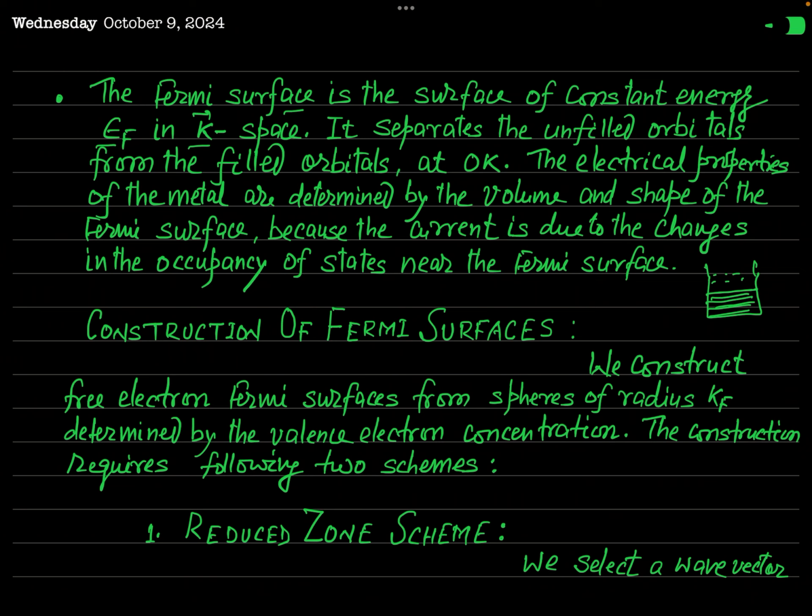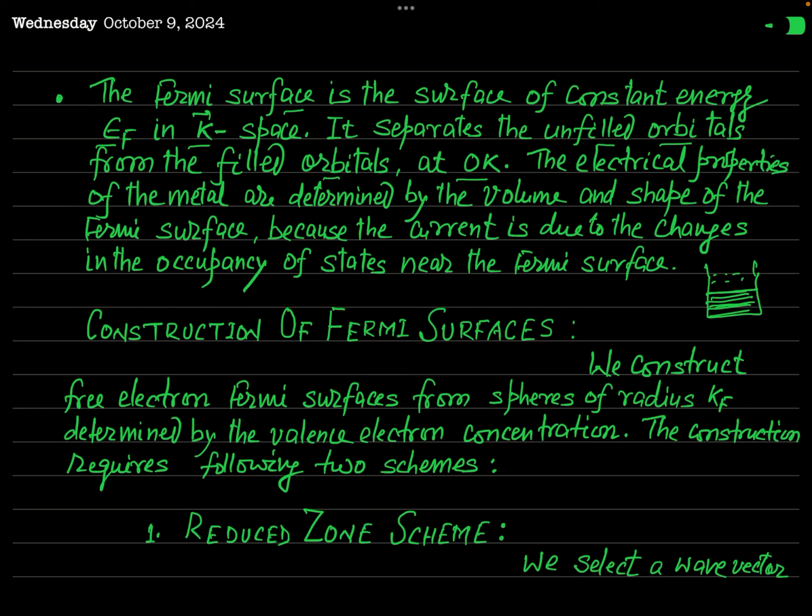Then, at 0 Kelvin temperature, a surface which separates the completely filled orbitals from the completely unfilled orbitals, or the completely filled energy levels from the completely unfilled energy levels, that very surface is called the Fermi surface. So I have written here, it separates the unfilled orbitals, meaning energy levels, from the filled orbitals at absolute zero temperature.